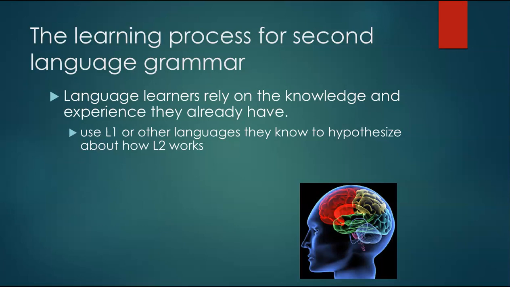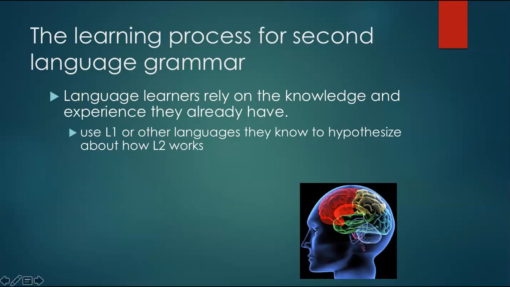So they use their first language, their L1, and any other languages that they know to hypothesize about how the L2 works. So if they know grammar constructions and grammar rules in their own language or other languages that they know, they're going to make hypotheses or assumptions about their new language, about English, based on the languages that they already know. So we'll be looking at examples of that when we talk about second language acquisition.